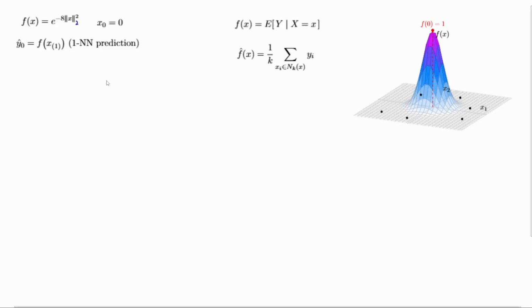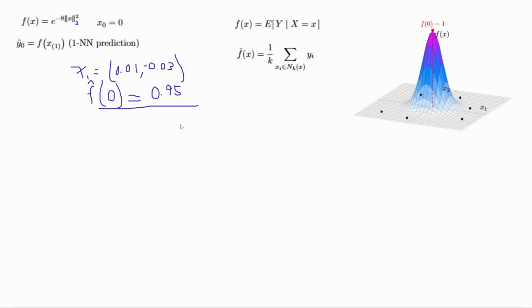So for example, let's say our closest point, x1, has these coordinates, very close to 0 on the x-axis and very close to 0 on the y-axis. If you plug this in, I'm just going to make up a number here, our predicted value at 0 turns out to be pretty close to the true value of 1.